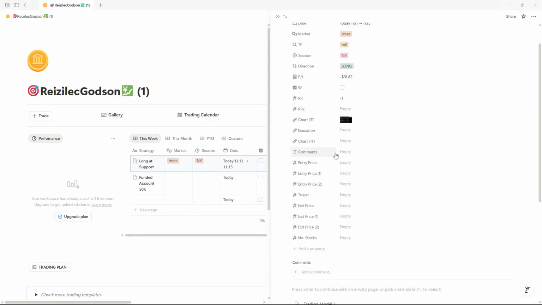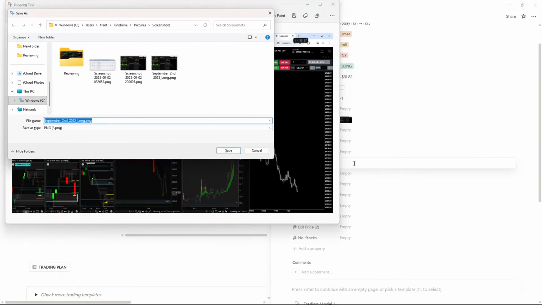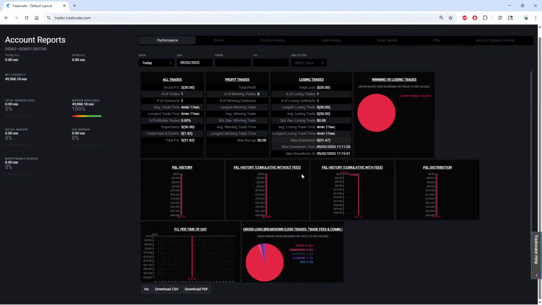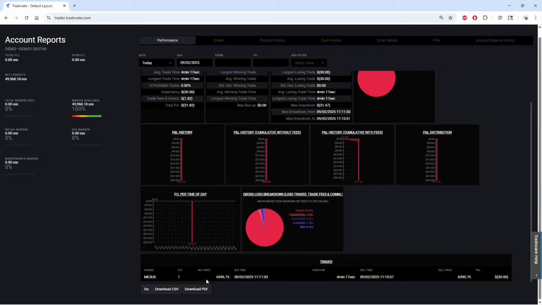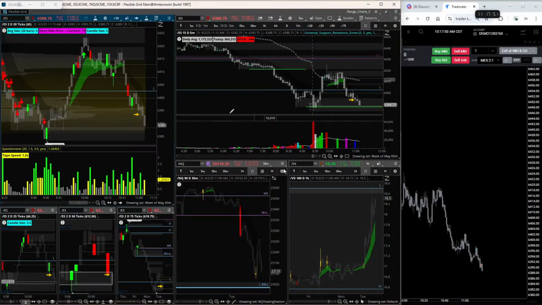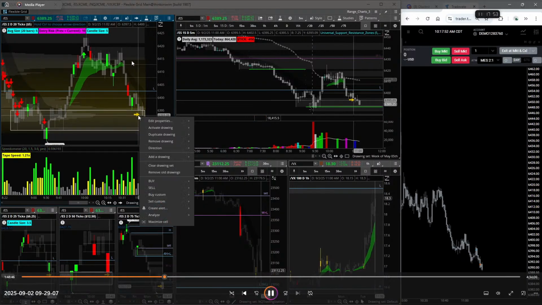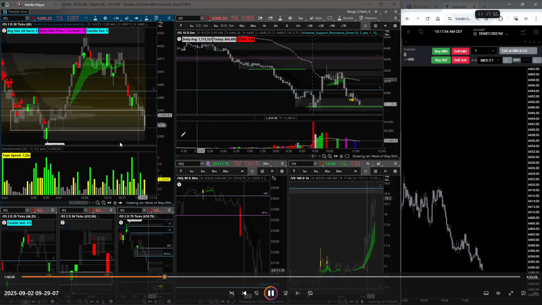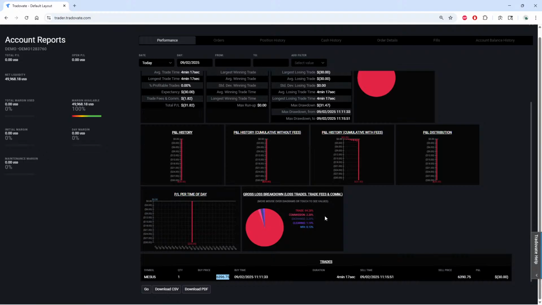Alright. Entry. My target was this high here, 64.15s. 64.20.